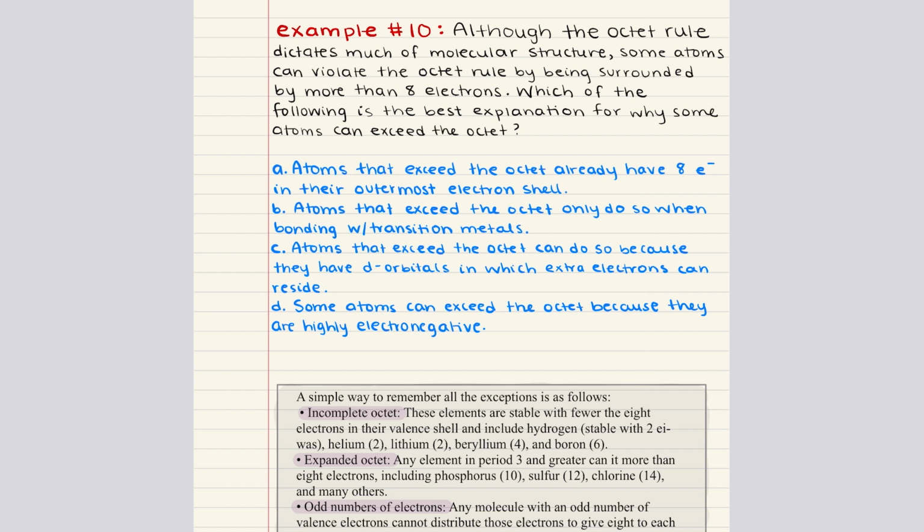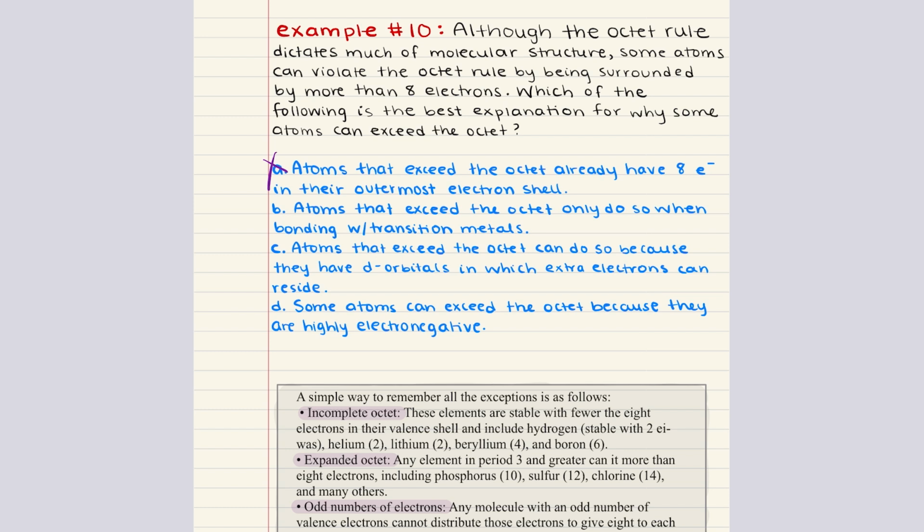A says atoms that exceed the octet already have 8 electrons in their outermost electron shell. Now, this statement is incorrect. Atoms that exceed the octet rule do so by accommodating more than 8 electrons in their valence shell, not because they already have 8 electrons. B says atoms that exceed the octet only do so when bonding with transition metals.